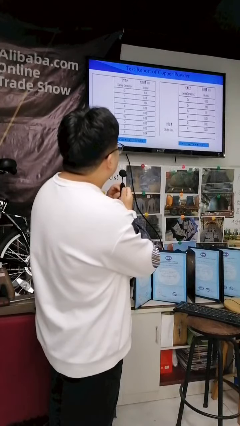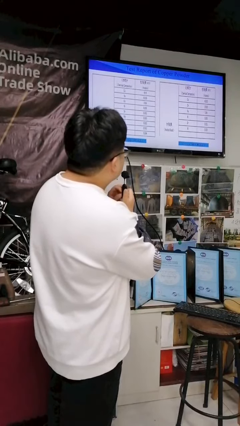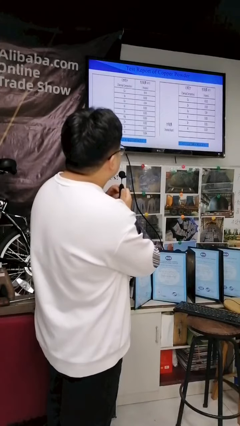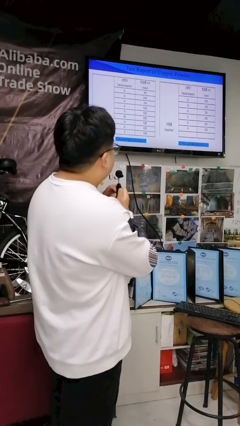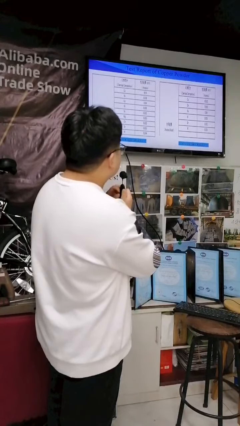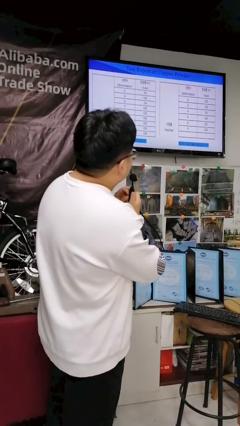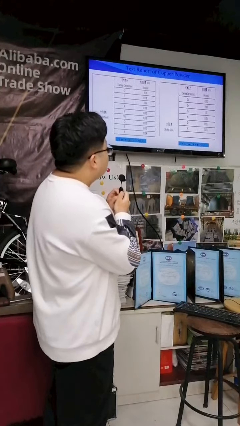Tin is less than 0.001. Manganese is less than 0.003. Cobalt is less than 0.002. Zinc is less than 0.001. Aluminum is 0.004.